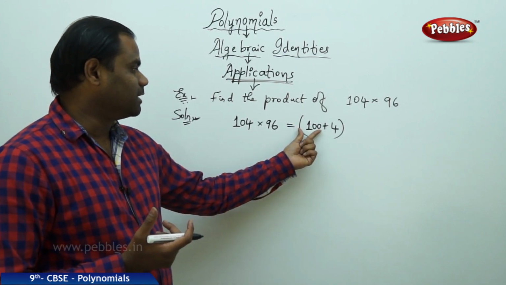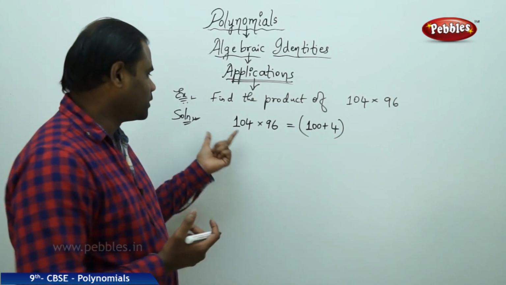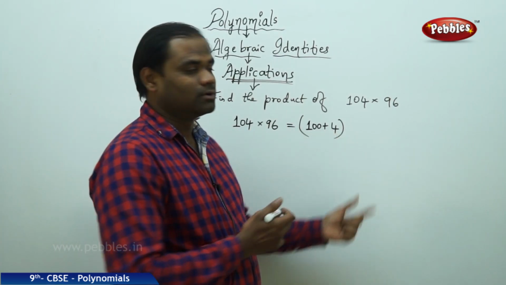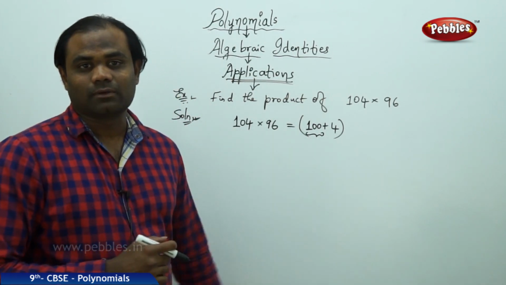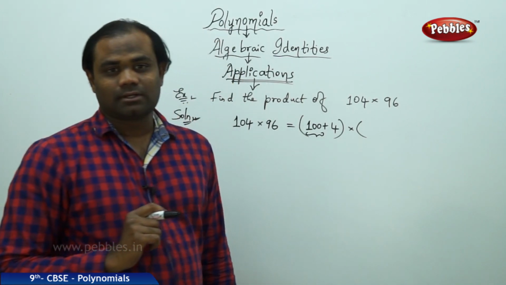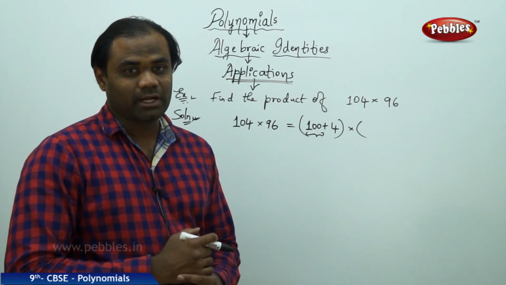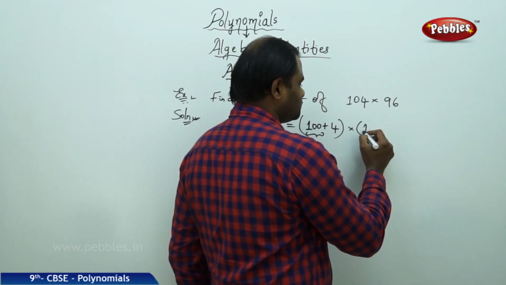So the standard base here being 100 is taken for 104, so that 104 is written as 100 plus 4. Similarly, 96, if I express through the standard form, I can write it as 100 minus 4.